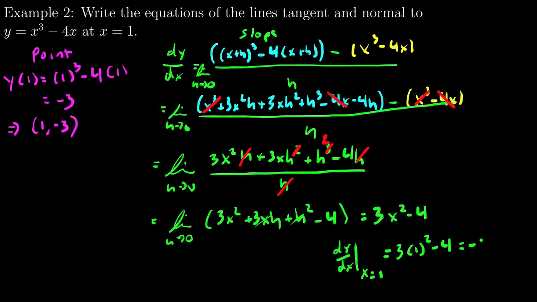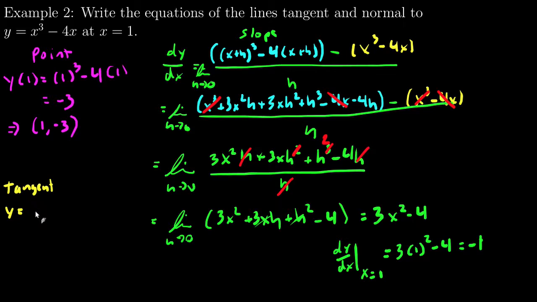And now I can finally write down my lines. So my tangent, I'm just going to use point slope form. Y equals, let me make sure that's negative 1. We see that.